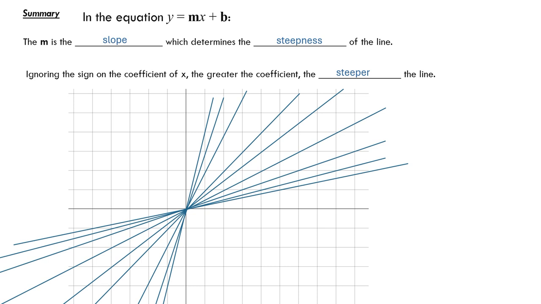So in the equation y equals mx plus b, m is the slope, which determines the steepness of the line. Ignoring the sign of the coefficient of x, the greater the coefficient, the steeper the line.